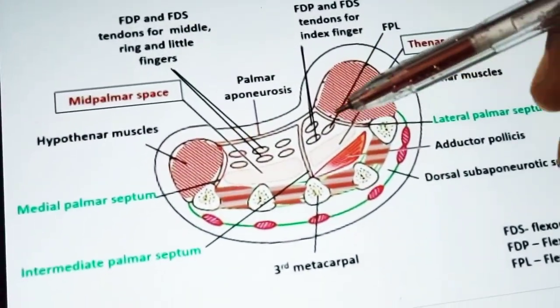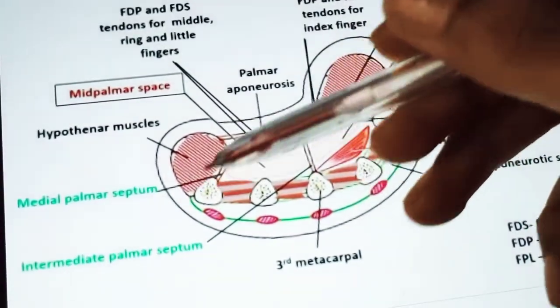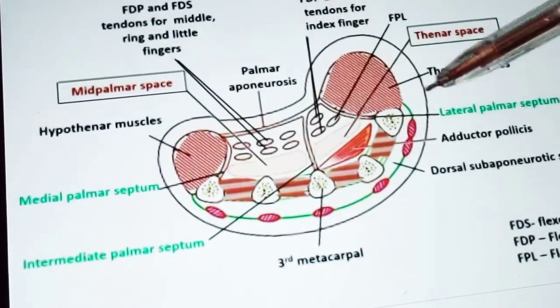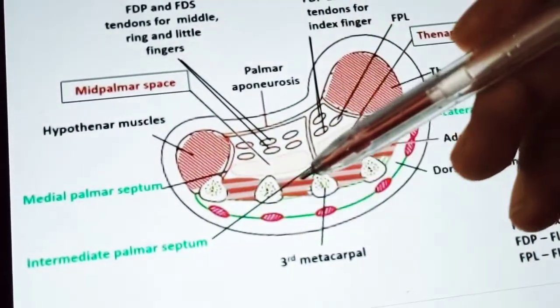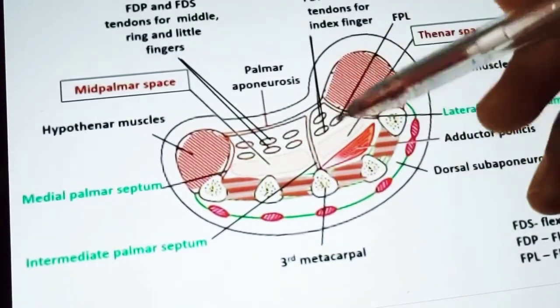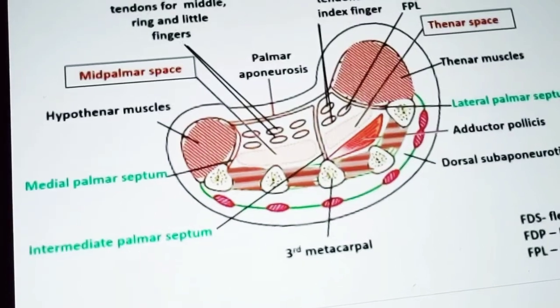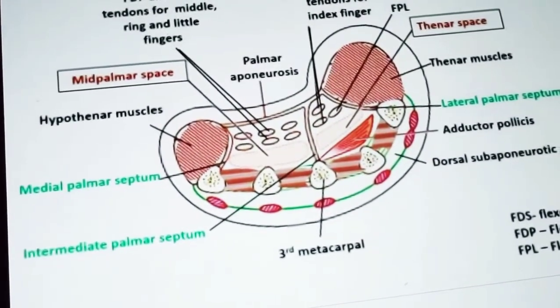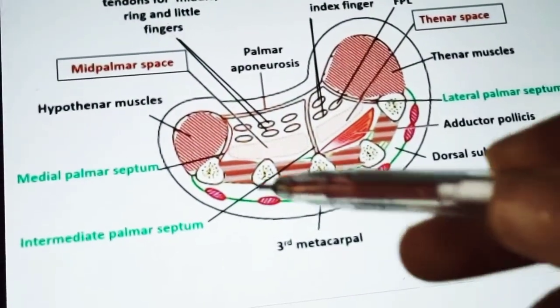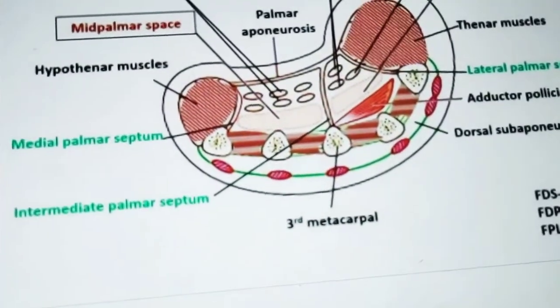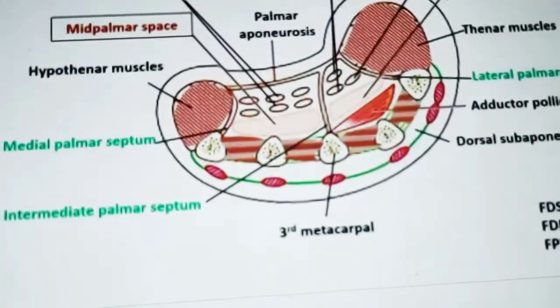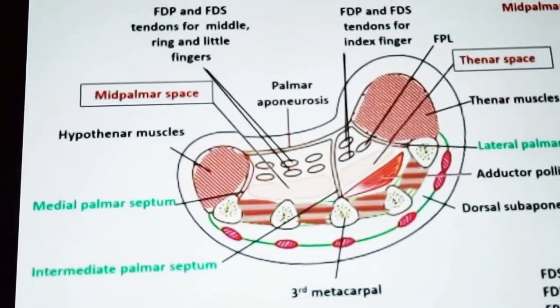This is the thenar eminence on the lateral side, the hypothenar eminence on the medial side, the little finger side, and this is the thumb side. This is the intermediate palmar septum between these two. So laterally you have the intermediate palmar septum to the mid palmar space, and medially of course you will have the medial palmar septum.